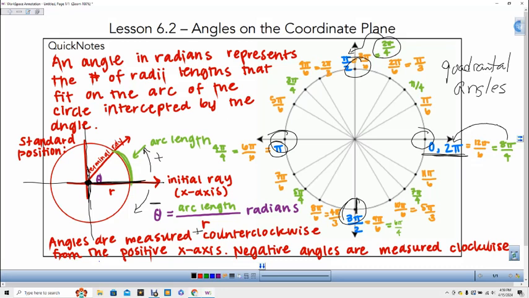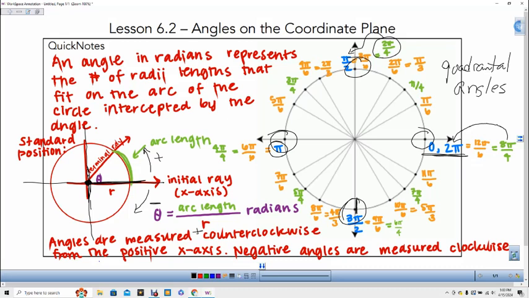Those are quadrantal angles, and that's where you're going to have overlap of the pi over 6s and the pi over 4s and even the pi over 2s, because pi over 2 plus pi over 2 gives you 2 pi over 2, plus pi over 2 gives you 3 pi over 2, and plus pi over 2 gives you 4 pi over 2, which is once again 2 pi. So these are all the angles, and you need to understand what they are.